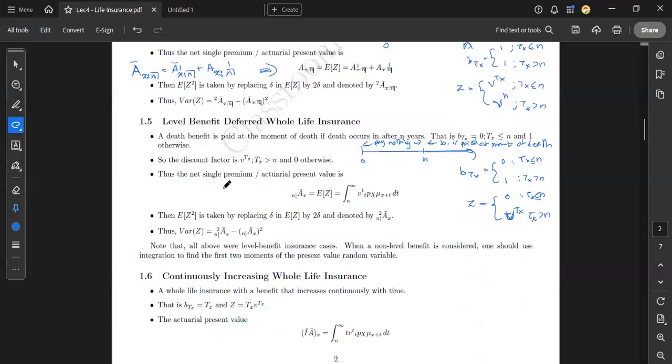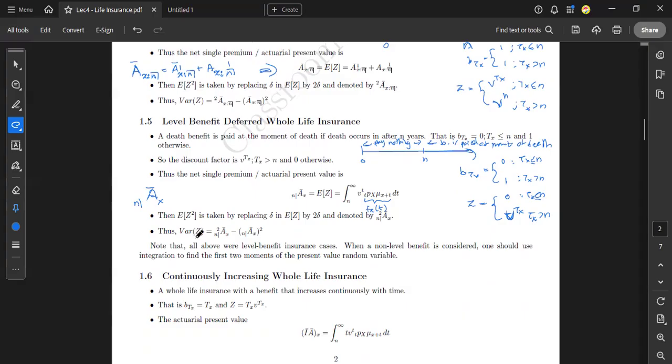That means we can denote the deferred actuarial present value of a continuous whole life insurance of a person at age x, deferred n years, like this. Since the insurance coverage starts from n, it goes from n to infinity. The present value is v to the power t, and we have to multiply it by fx of t, which is in here.